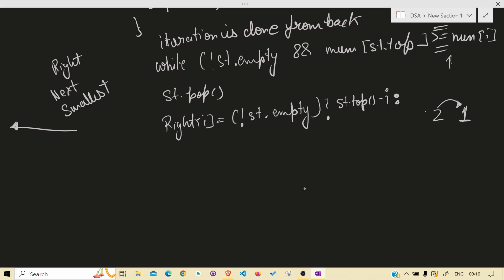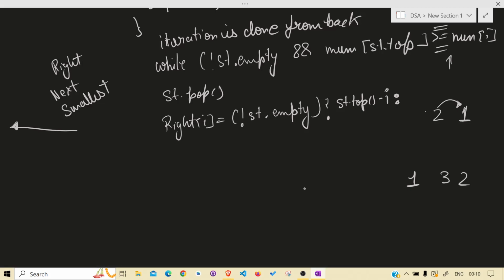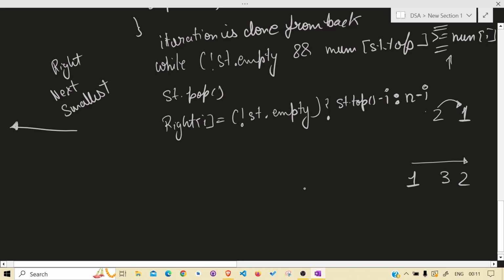If it is empty, he himself is the smallest. What is the whole length this time? It is n minus the current index. This would be the length from here.